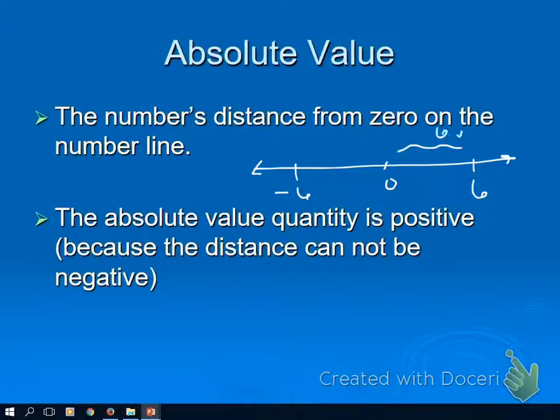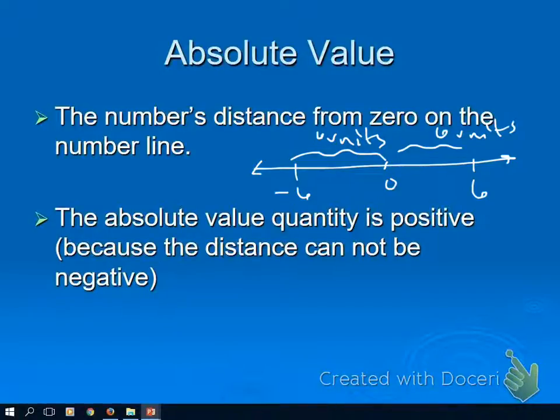Well, it's 6 units away. How many units from 0 is -6? Well, it's 6 units away, right? Distance is always positive. It doesn't matter if I drive in the positive direction or drive in the negative direction. I'm going the same distance. It's the same thing. Okay?